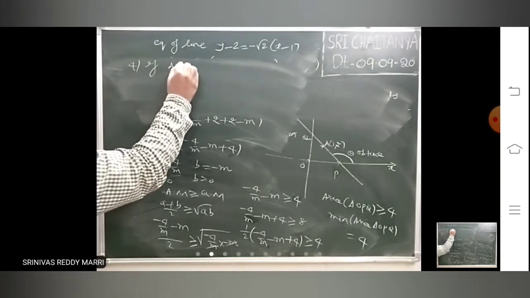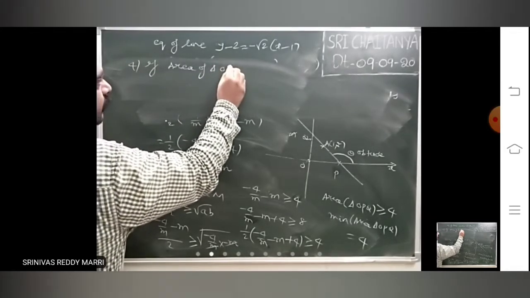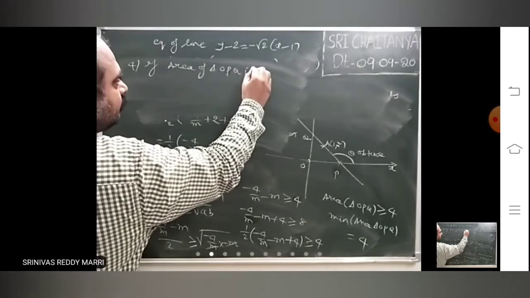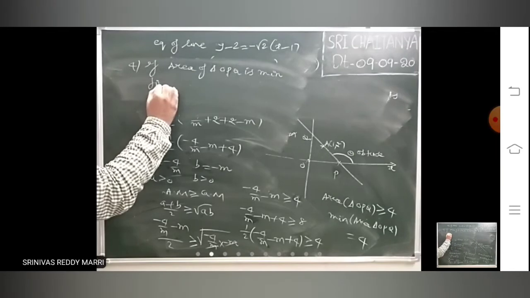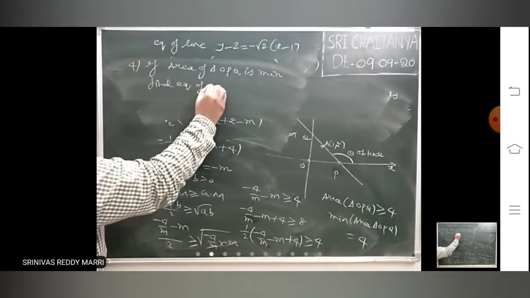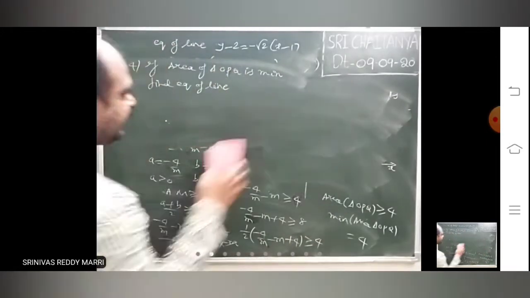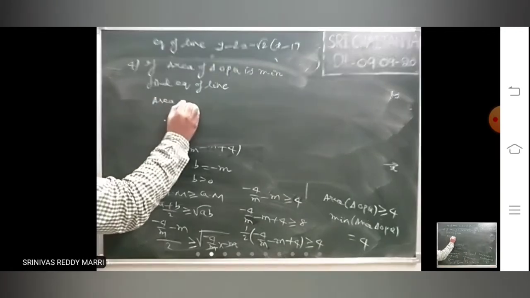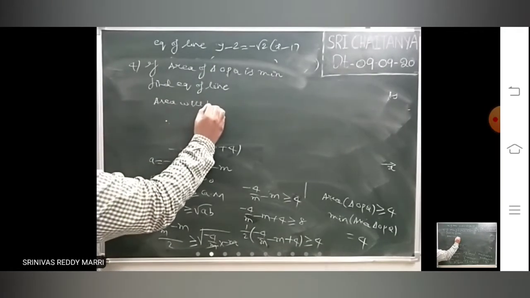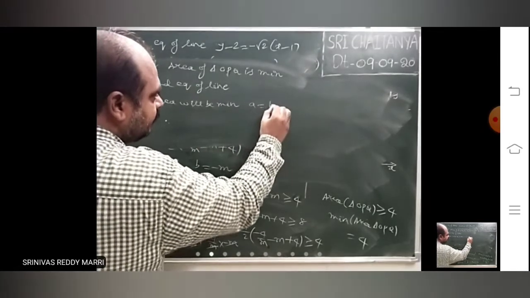If area of triangle OPQ is minimum, find equation of line. So for finding the line you want slope. Area will be minimum when equality holds good here, that means A equal to B.